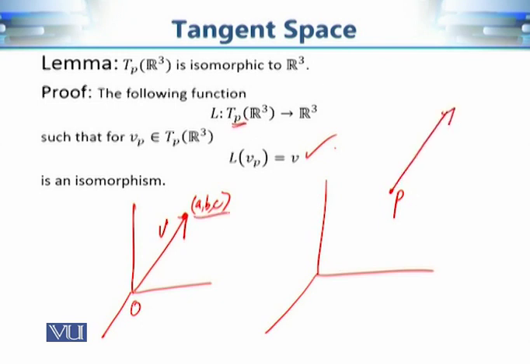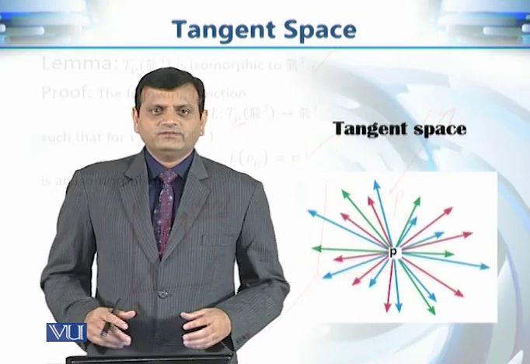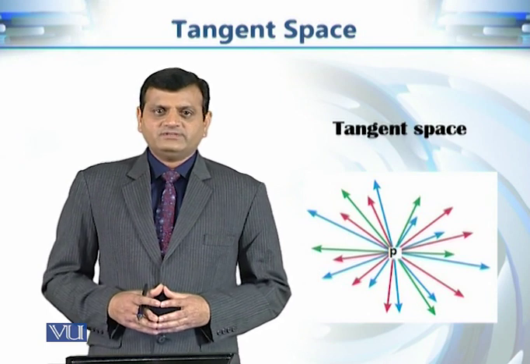So any point A, B, C in R3 gives a vector from the origin to that point, and we can shift that vector to the point P. Hence, given any point in R3, this gives us a vector in the tangent space Tp of R3. This is the end of our discussion on tangent space.